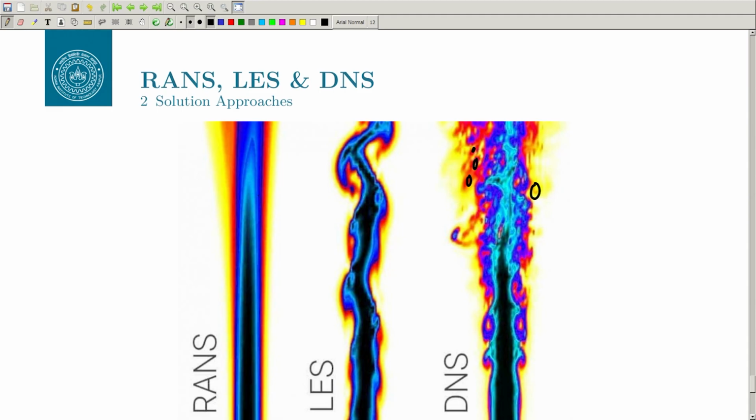In LES you are resolving the larger scales, and this is unsteady, but you are really not resolving very small scales as you are doing in DNS. Therefore, the requirement of grid size is highest in DNS, smallest in RANS, and in between you have LES.